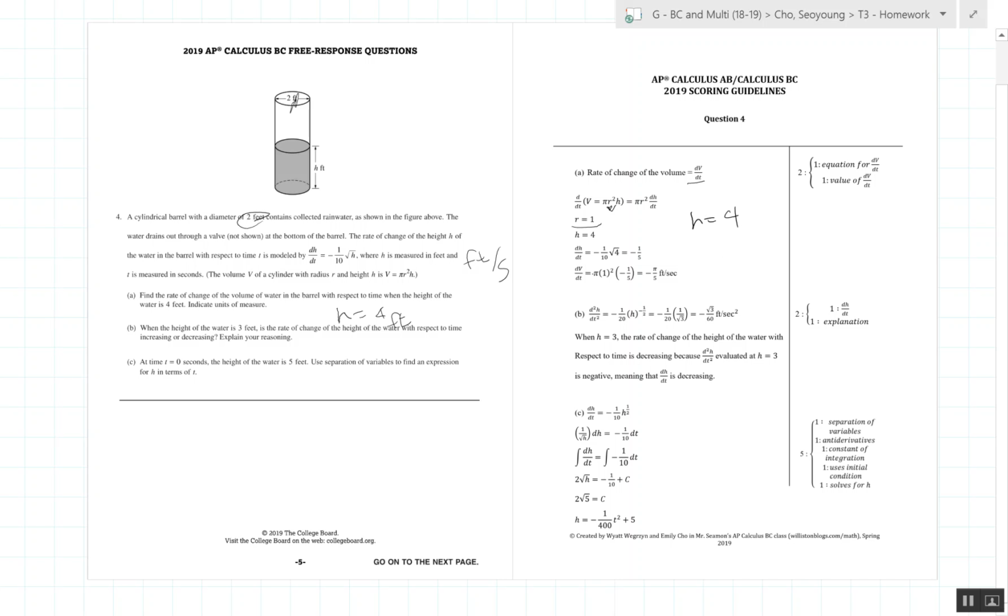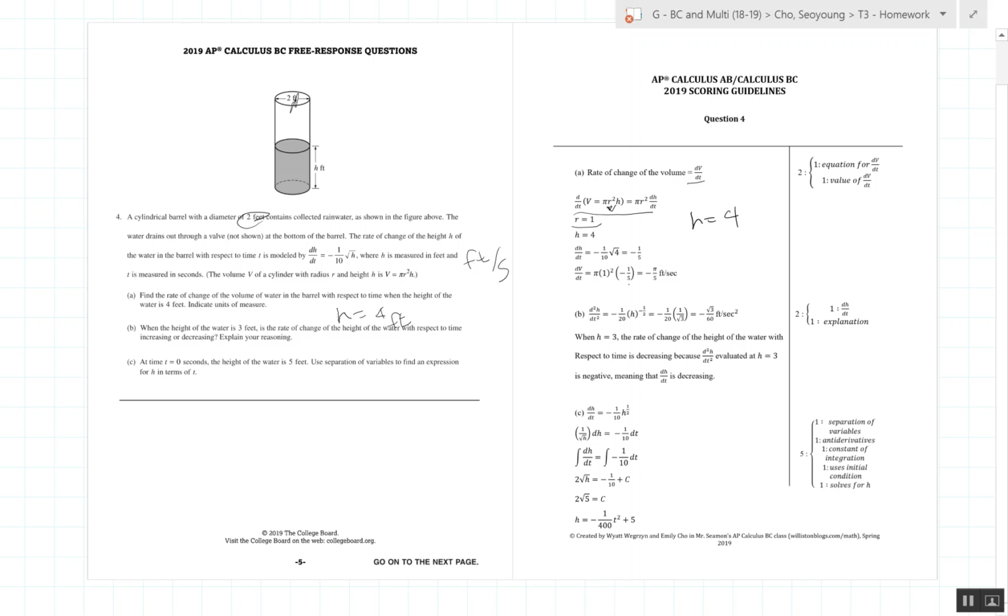So dh/dt when h is 4 is negative 1/10 times square root of 4, which is negative 1/5. So you can just plug that into this equation, which states dV/dt equals pi times 1 squared times negative 1/5, which equals negative pi over 5 feet per second.